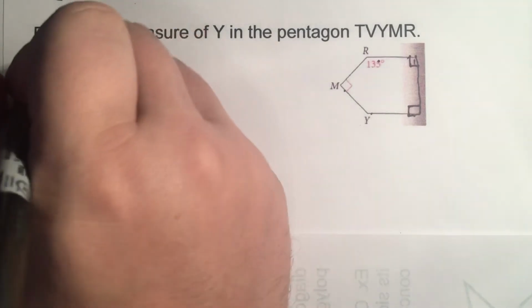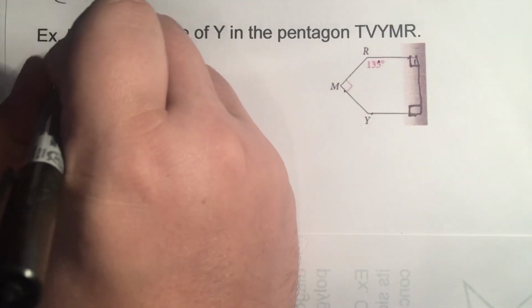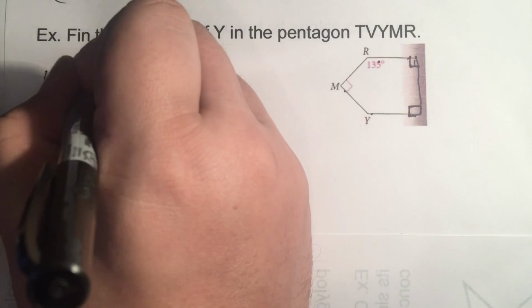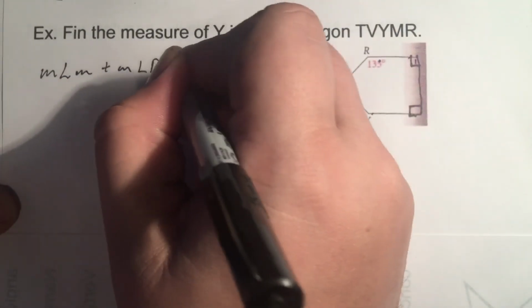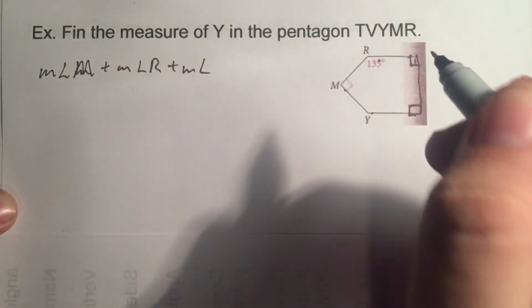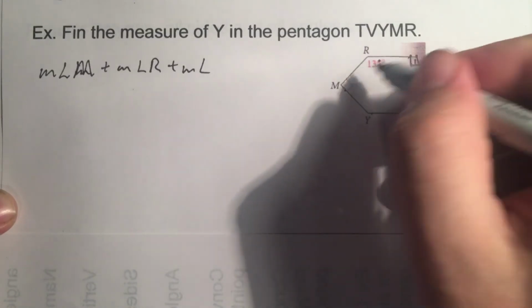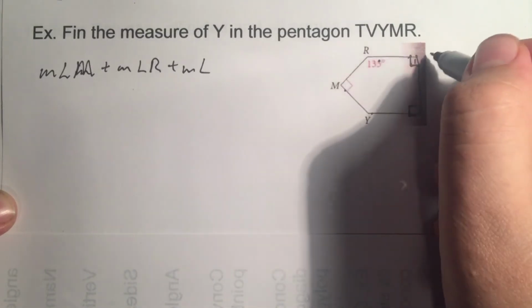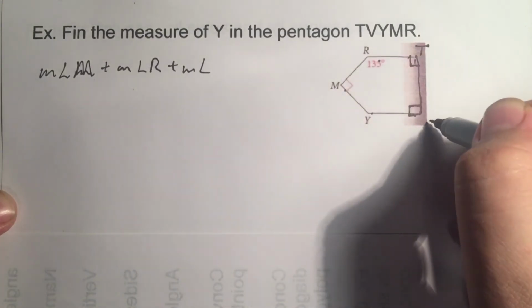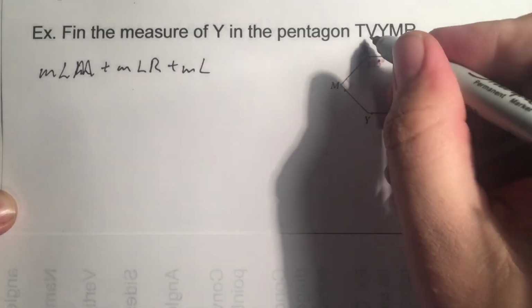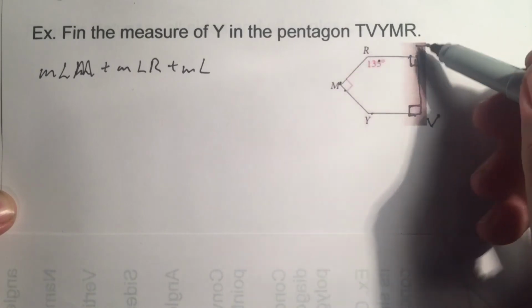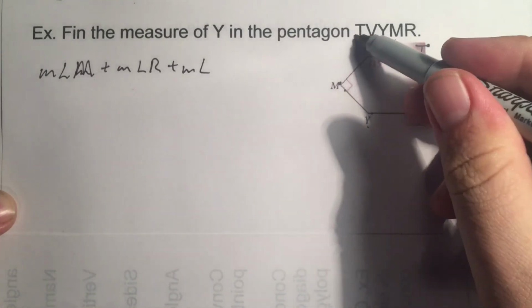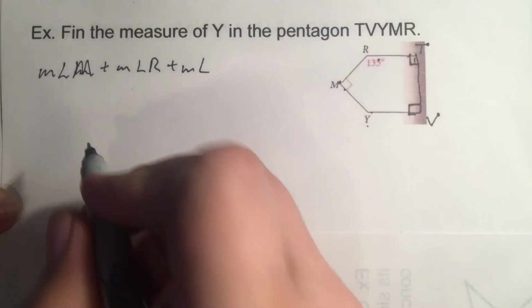So, what we're dealing with here is we would take the measure of angle M plus the measure of angle R plus the measure of angle T, V, Y. Knowing they name it going around, so M, R, T, V, Y. Okay?